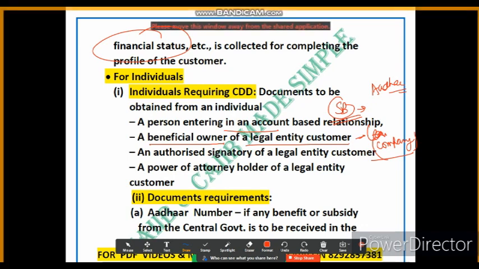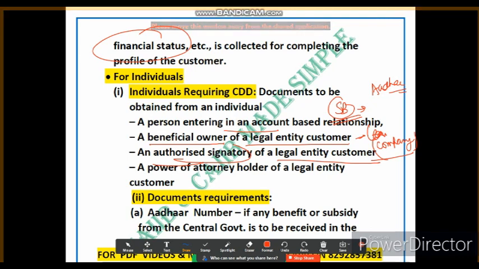The next part is, if the individual is an authorized signatory of a legal entity customer like a company, the bank will ask for documents that prove the individual's authority to sign on behalf of the entity, such as a board resolution or power of attorney document.